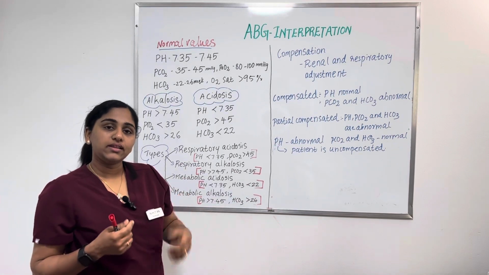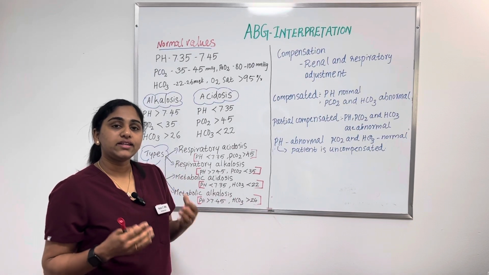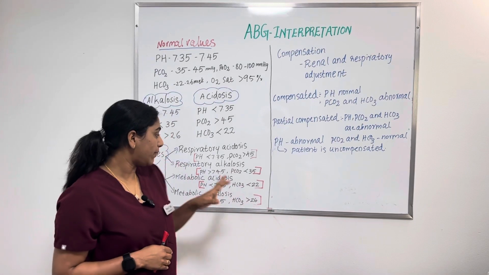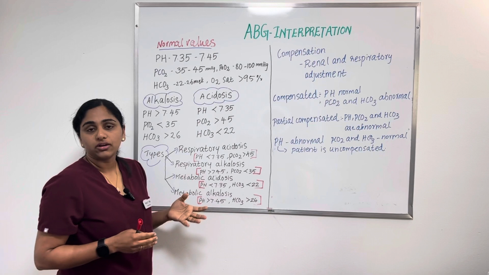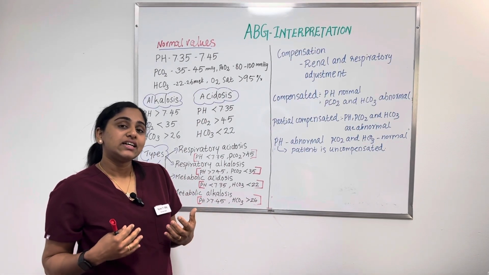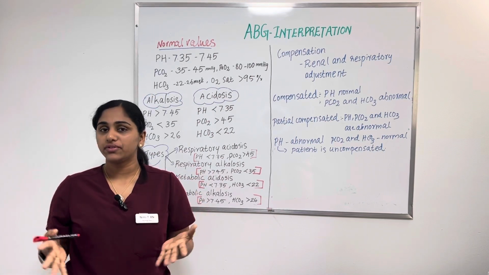When you see the ABG value of a particular patient, the next step is to know whether the abnormality is respiratory acidosis or respiratory alkalosis, whatever it is. The very next nursing critical judgment is to identify the present status of the patient.